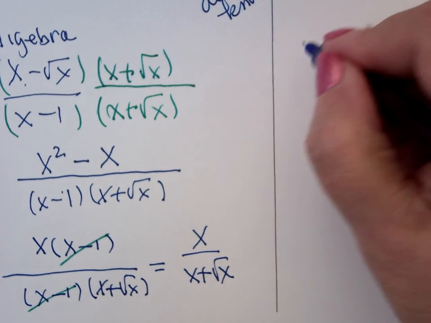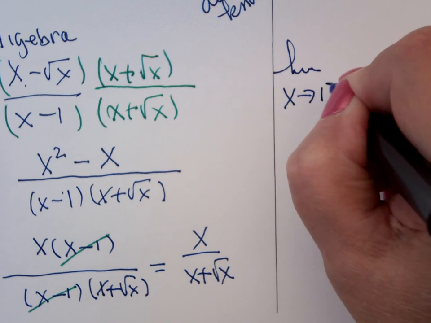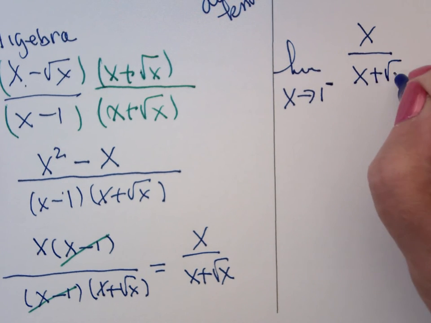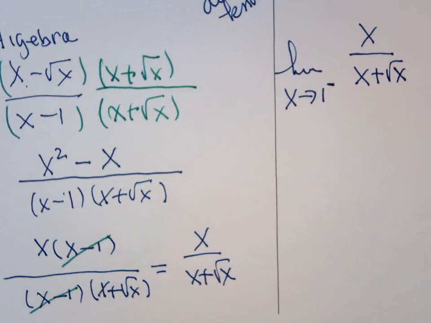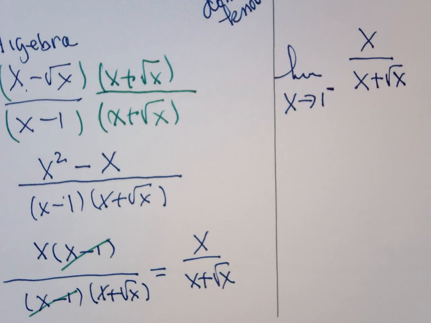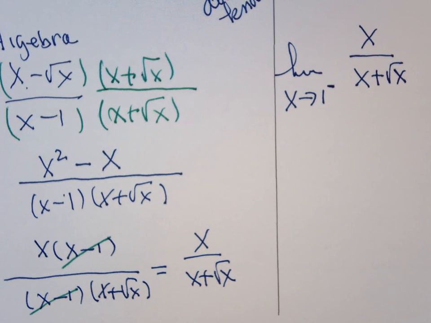Now we try it again. Take the limit as x goes to 1 from the left of x over x plus the square root of x. Does 1 now cause this guy a problem at all? No. So that says I can just plug it in. It's where I have a problem that I've got an issue.